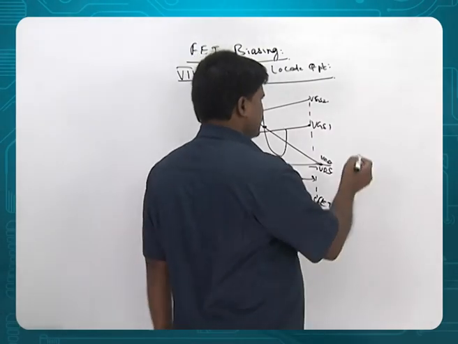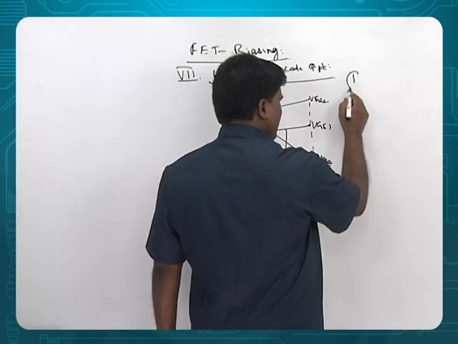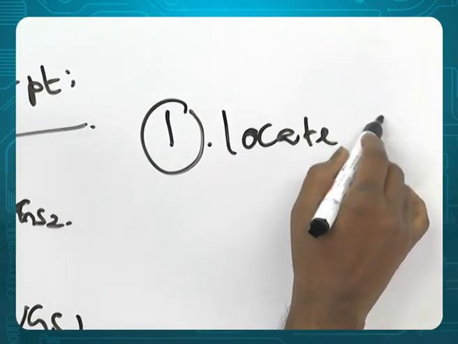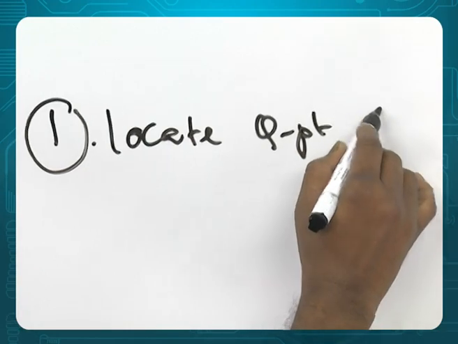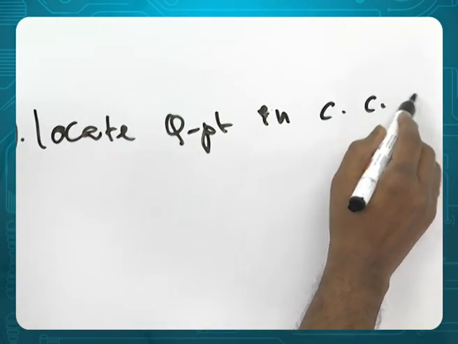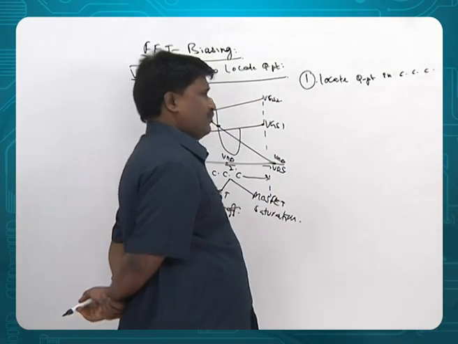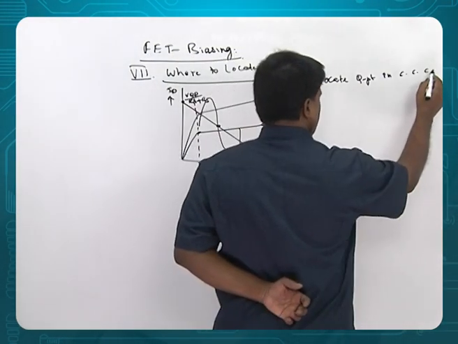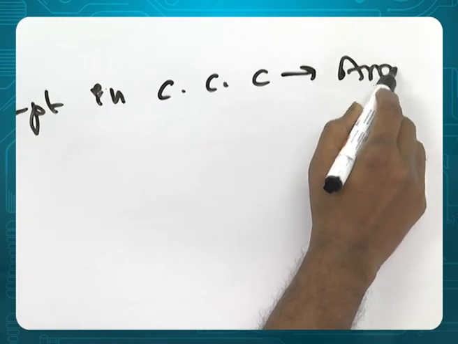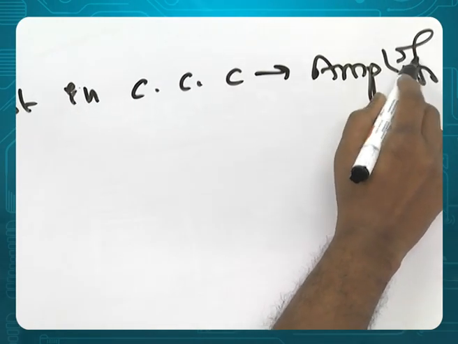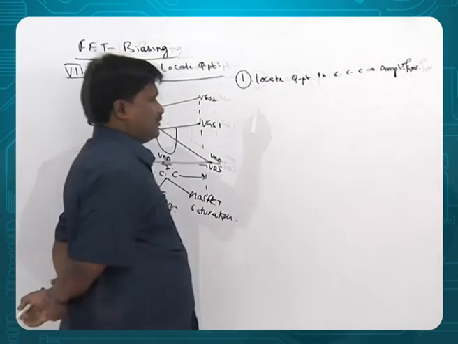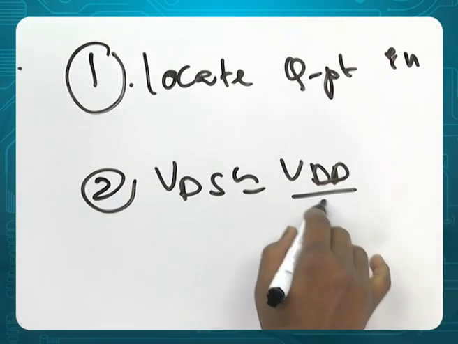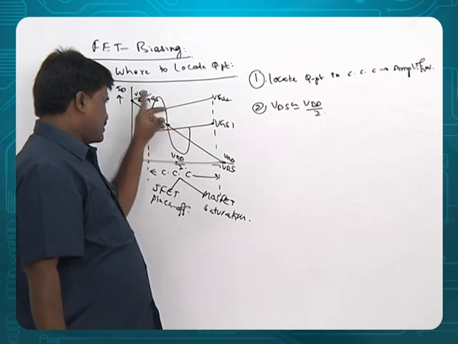So the first requirement is locate Q point in constant current characteristics. What for? Only in this region it is acting as amplifier. VDS approximately VDD by 2 to have maximum signal.